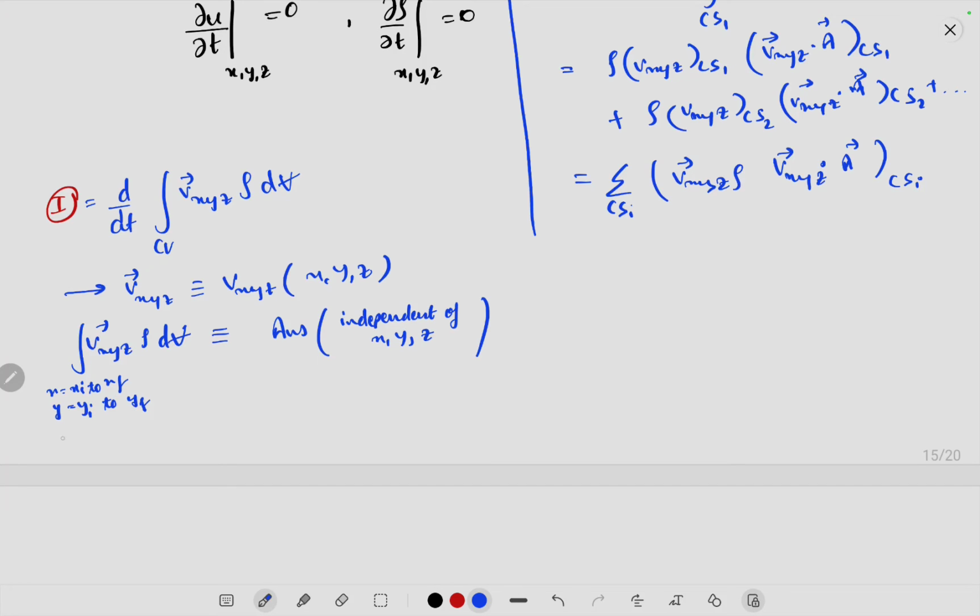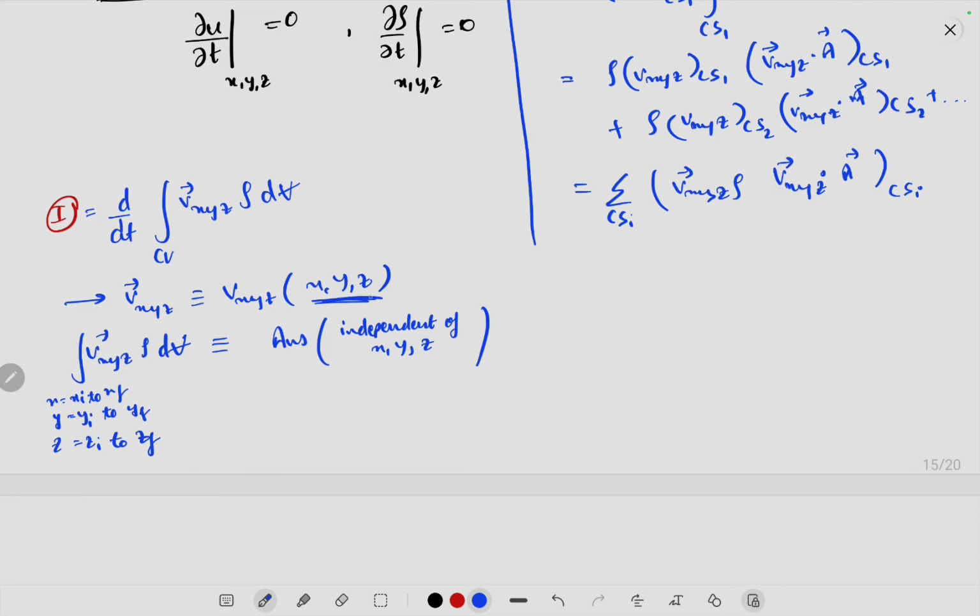So depending upon the size of your control volume, you will do the integrations. So integrating some function which is dependent upon the variable x, y, z over dx, dy, dz gives me an answer which is independent of x, y, z.